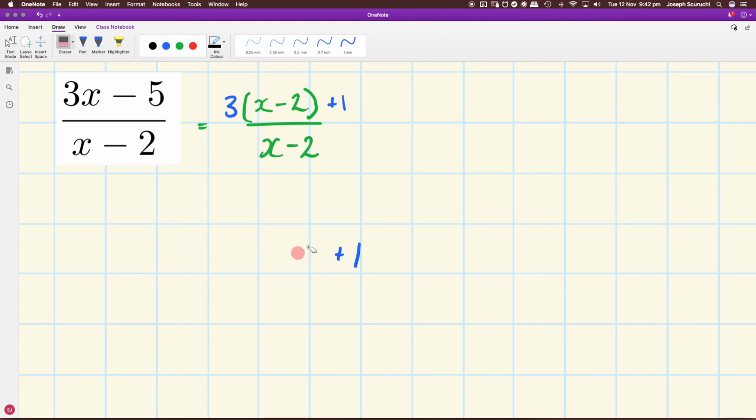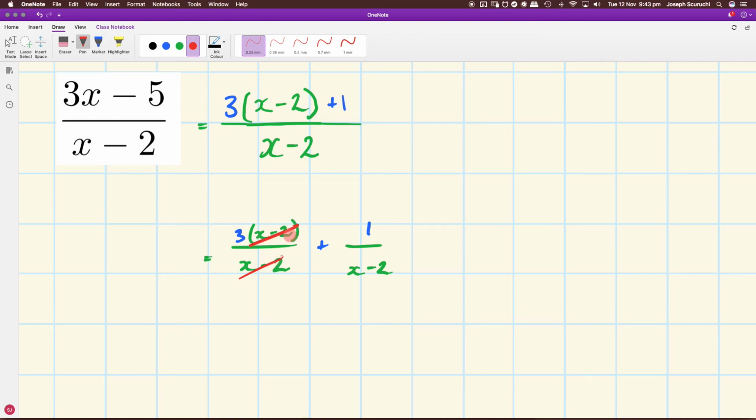Let me rub this out. My next step is breaking things up, and let's also remember this is all underneath that. So I'm going to get 3 times x minus 2 over x minus 2, plus 1 over x minus 2.